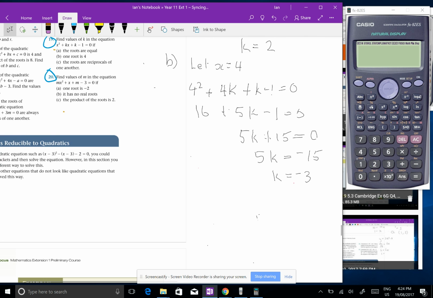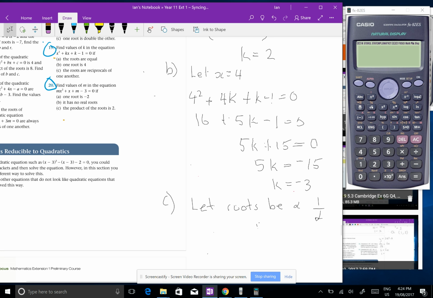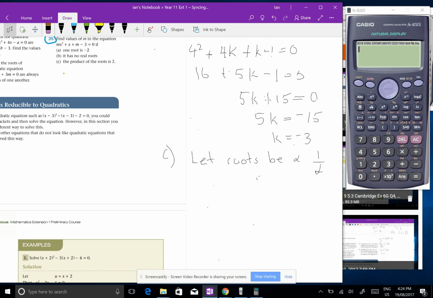The last one, C. The roots are reciprocals of each other. All right, so if the roots are reciprocal, we'll let the roots be alpha and 1 on alpha. Now, as soon as I see reciprocal, I know that I want to go for the product. So the product of the roots will be alpha times 1 on alpha, and that equals c on a.